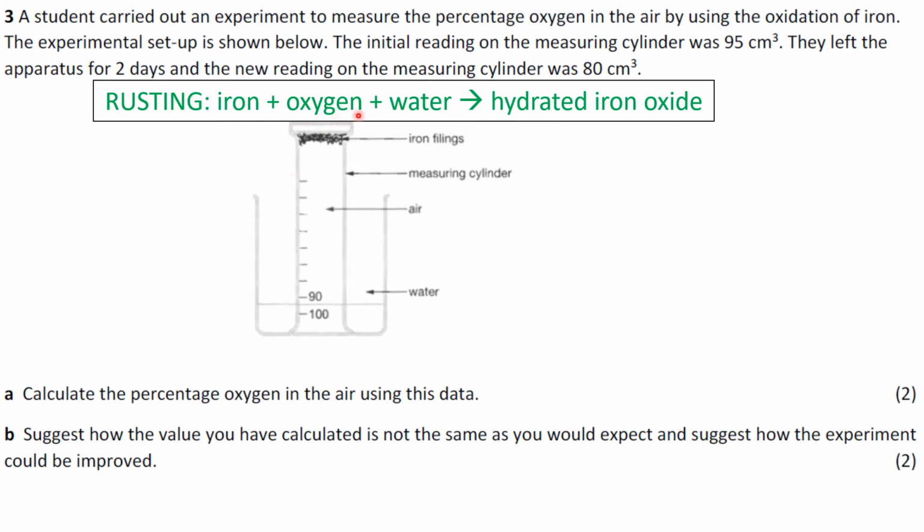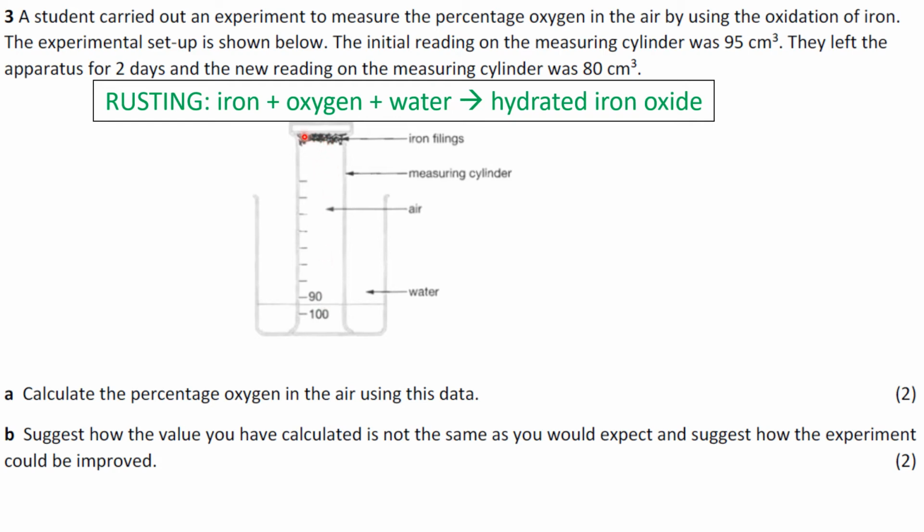Your iron and water react with your oxygen in the air to form hydrated iron oxide, which is rust, which is the orange stuff that you may see on your bike parts. Your oxygen turns from a gas to a solid, so it takes up much less space. Just to give you an idea, thousands of times less space than what the gas takes up. So therefore your water level rises and tells us how much oxygen has been removed.